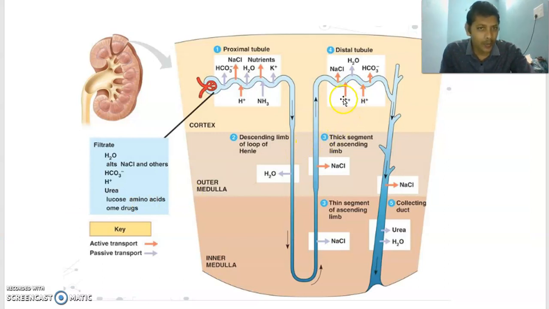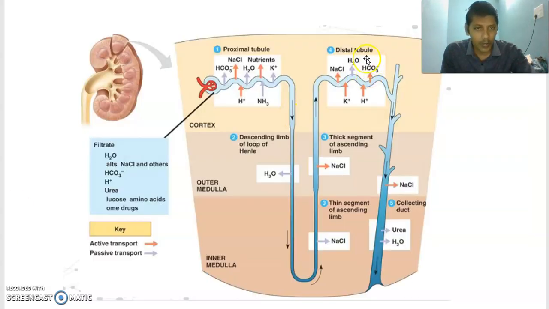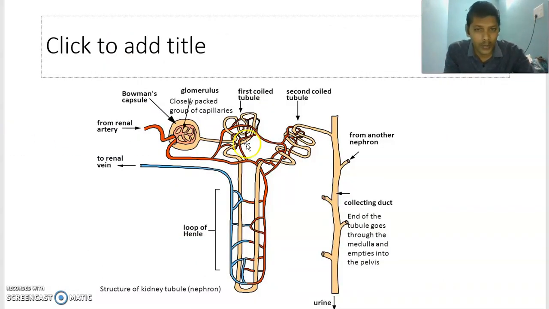I told you earlier, if anything comes from the DCT into the peritubular capillaries, the red-colored ones, that is called reabsorption.